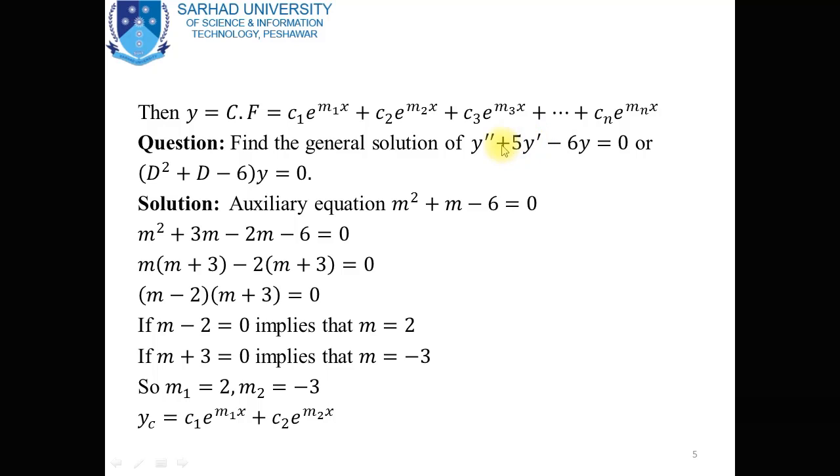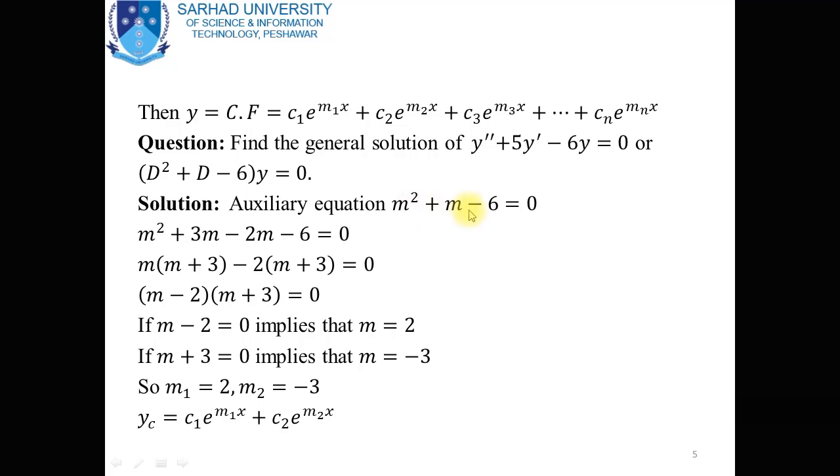We can write this equation in simpler form as d square plus d minus 6 into y, where D square means the second order derivative with respect to x and D means the first order derivative with respect to x, taking y common. Now the auxiliary equation will be m square plus m minus 6 is equal to 0. This is a simple algebraic equation.